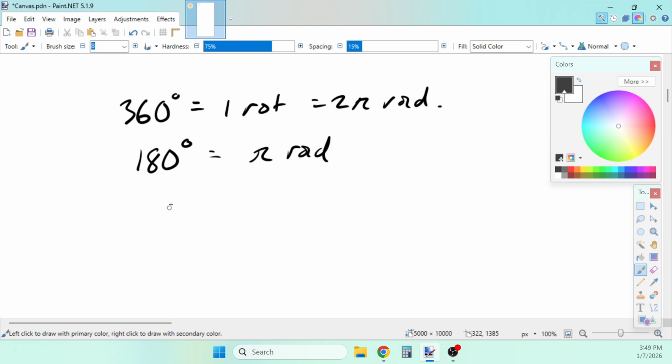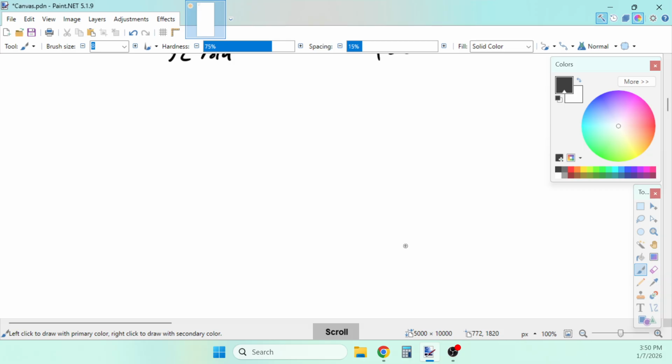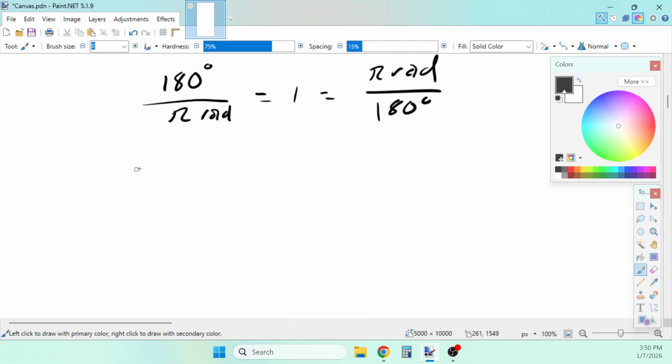Or we can word it as 180 degrees over pi radians equals 1, which is the same as pi radians over 180 degrees. We can use this to convert between radians and degrees, because multiplying by 1 doesn't change something's value.